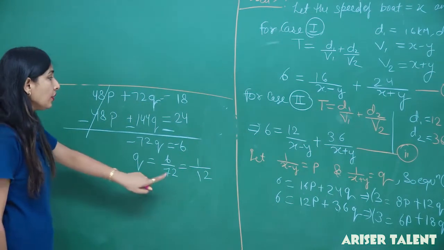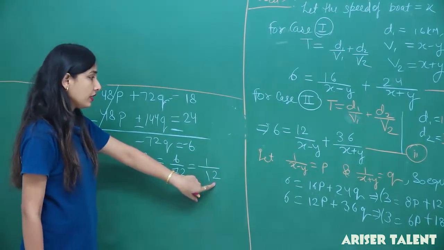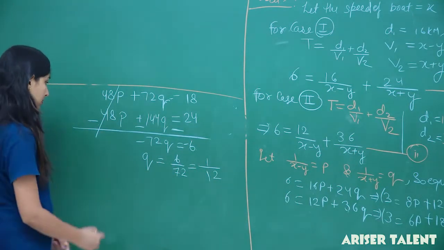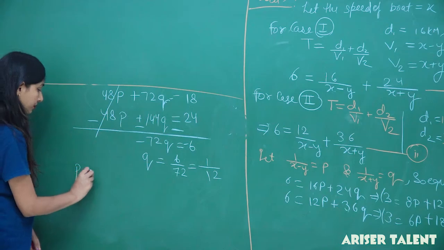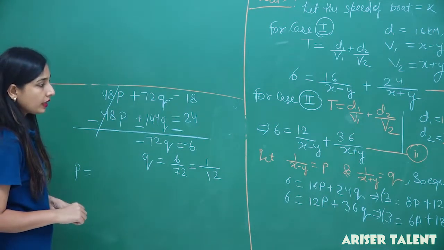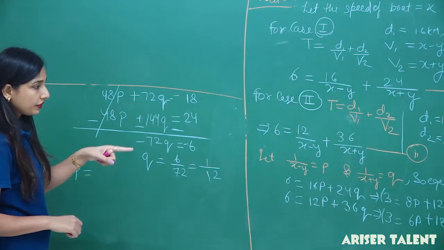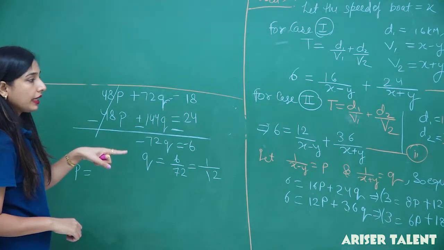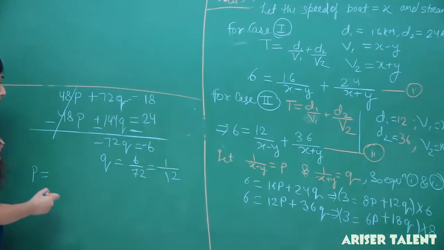Now, understand this, Q equals 1 by 12. If Q equals 1 by 12, that means P will be equal to, now what is P? If I go with this equation, that is 3 equals 8P plus 12Q.